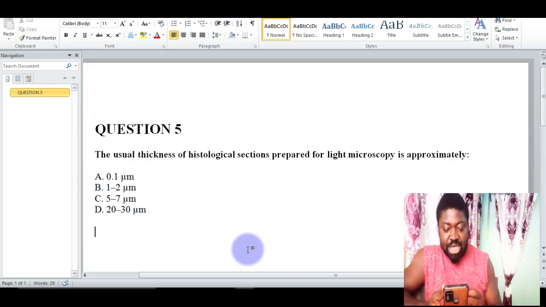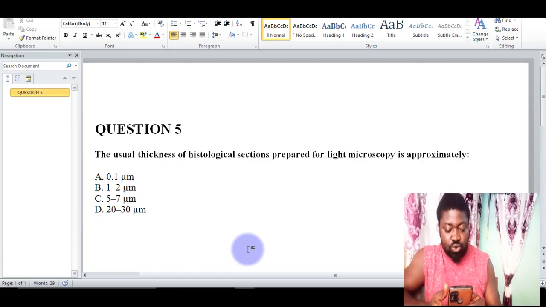Thinner sections are used for electron microscopy. Option A, which is 0.1, is not correct because it is very, very thin. B is also thin, but the right range is 5 to 7 micrometer. So the correct option here is option C.